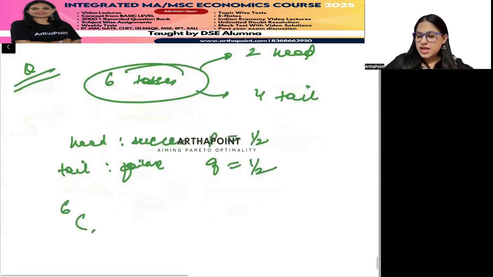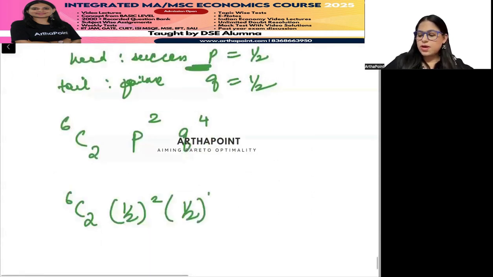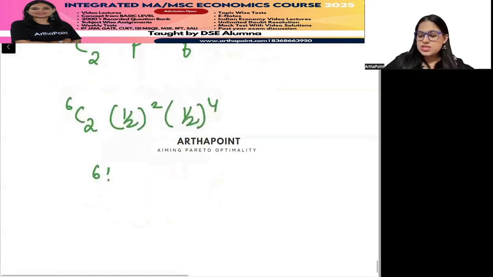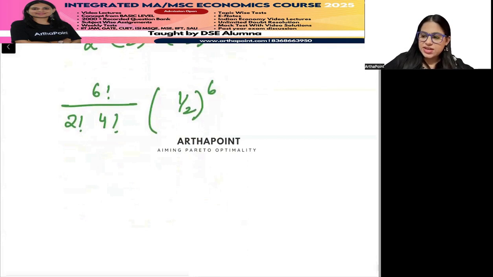So out of 6, I need 2 heads: p to the power 2, q to the power 6 minus 2, which is 4. So 6C2 into half to the power 2, half to the power 4. This will be 6 factorial upon 2 factorial, 4 factorial, into half to the power 6. Just solve this. Are you understanding this?